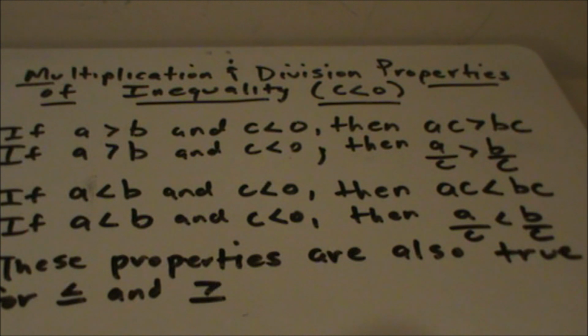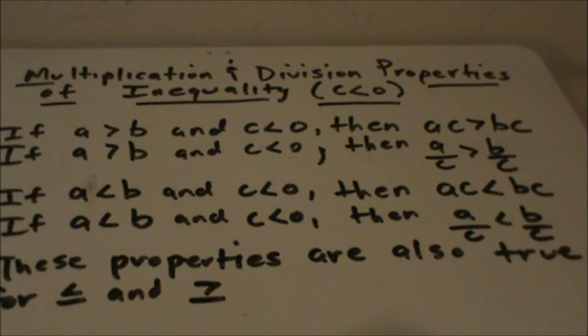This time, this involves C less than 0. And when that occurs with C less than 0, the inequality signs will change after the operation of multiplication or division. I want to demonstrate these are the same rules presented, but this time C is less than 0.